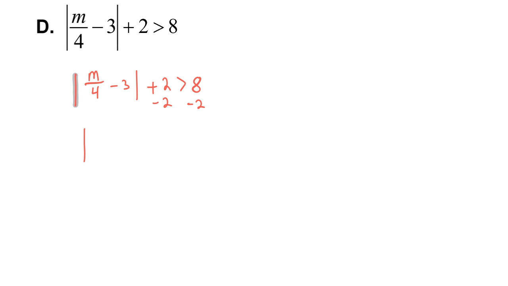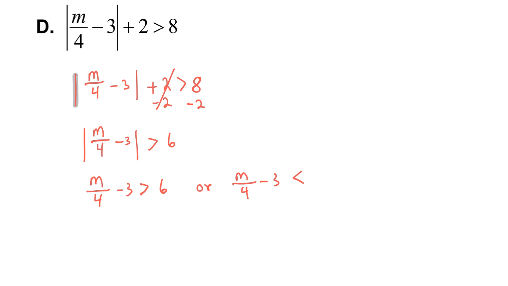And you have the absolute value of m divided by 4 minus 3. 2 minus 2 is 0. Greater than 8 minus 2, which is 6. So now your answers will be m divided by 4 minus 3 greater than 6, or m divided by 4 minus 3 less than negative 6.